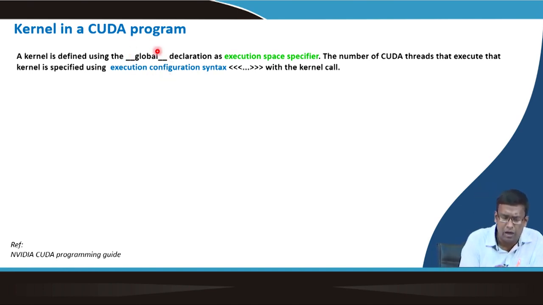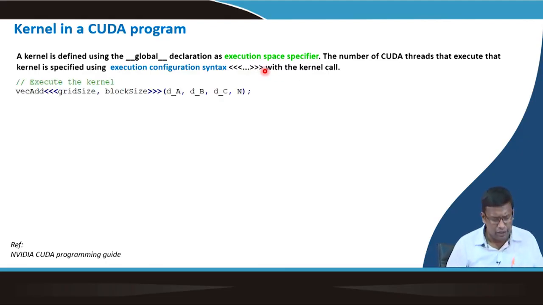This particular statement specifies that execution, and the number of threads that execute the kernel is specified using the execution configuration syntax. And what is the execution configuration syntax? It is present inside the brace with the kernel call.